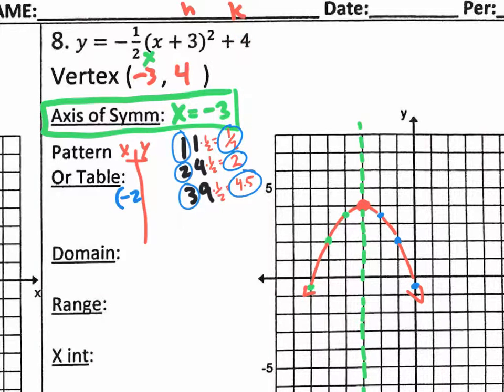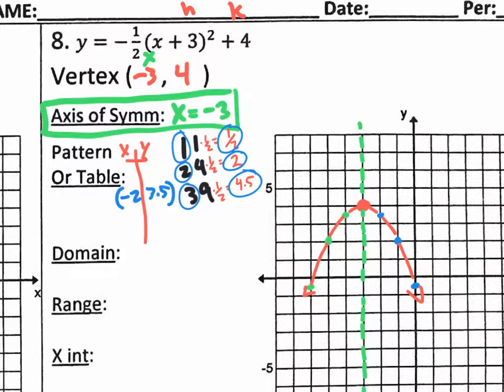So -2 comma 3.5 is a coordinate. So if I go to -2 and then 3.5, I get to that coordinate right there. So you could plug in numbers, pull out answers if you want to use the XY table, or you could modify your pattern to use the pattern.